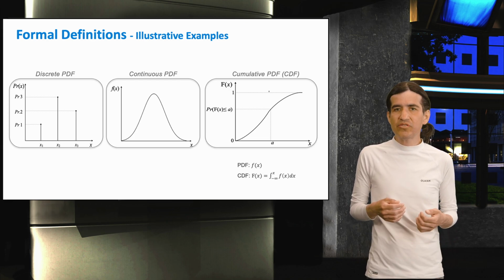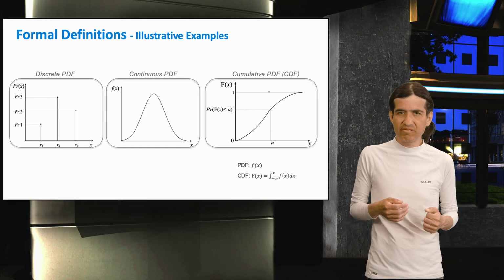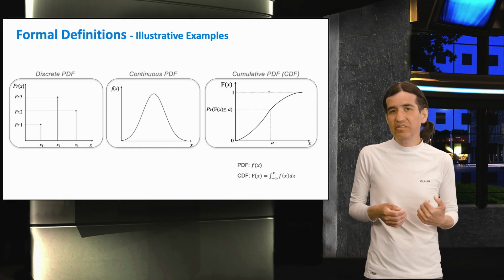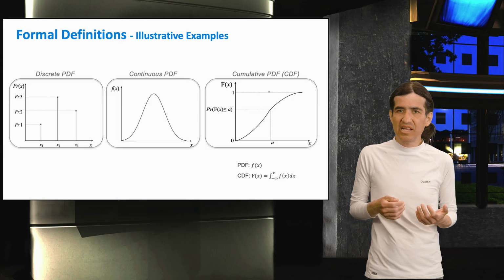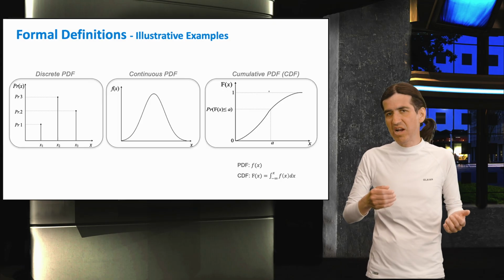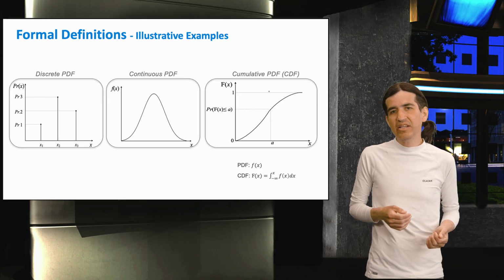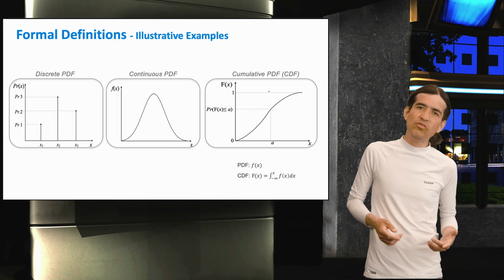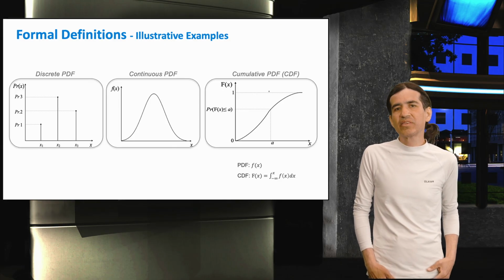A cumulative distribution function, abbreviated as CDF, gives the probability that a random variable is less than or equal to a given value, providing an accumulated measure of likelihood across the range.